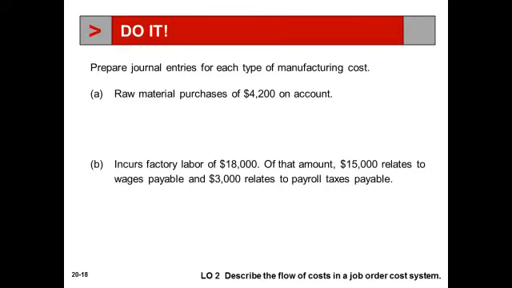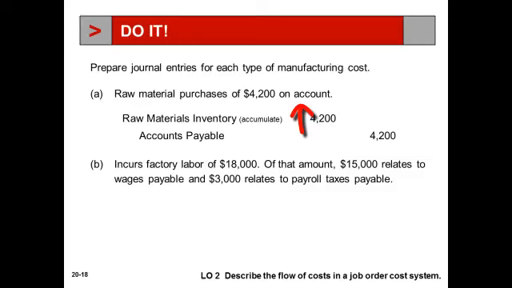Purchase raw materials on account. Debit raw materials inventory, $4,200, increasing it. Credit accounts payable, $4,200, increasing that account. The incurrence of factory labor, $18,000. $15,000 direct wages, $3,000 related to payroll taxes that the employer is responsible for. So the fully loaded cost is $18,000. We'll debit factory labor.